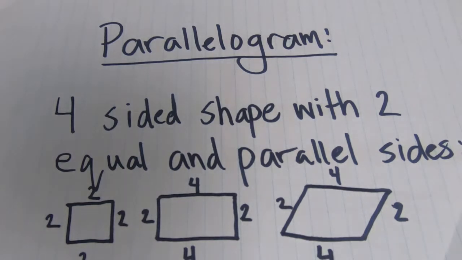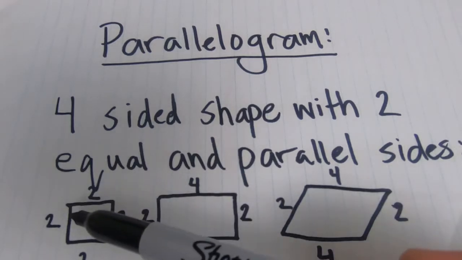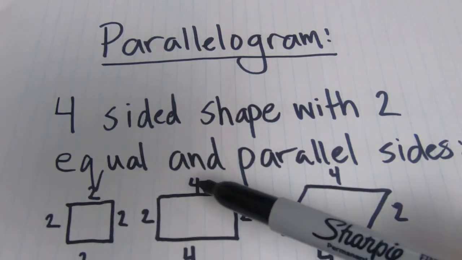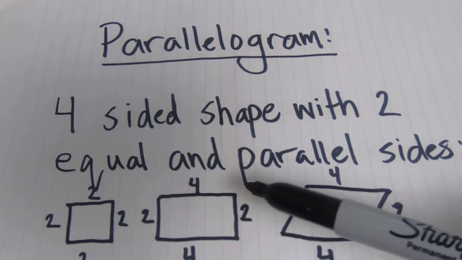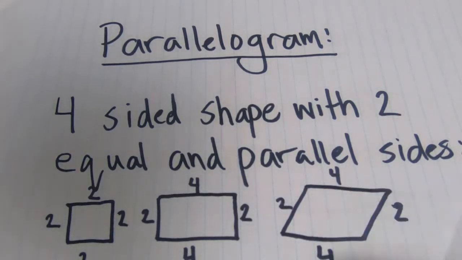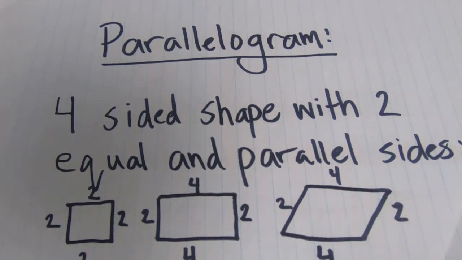But these are all examples of parallelograms. So sometimes when I say that word, I could be referring to any of these shapes. With a square, all the sides are the same. With a rectangle, 2 sides are the same but parallel, and another 2 sides are the same but parallel. And then in an actual parallelogram, we have the same type of thing. The only difference is there's no 90-degree angles here.